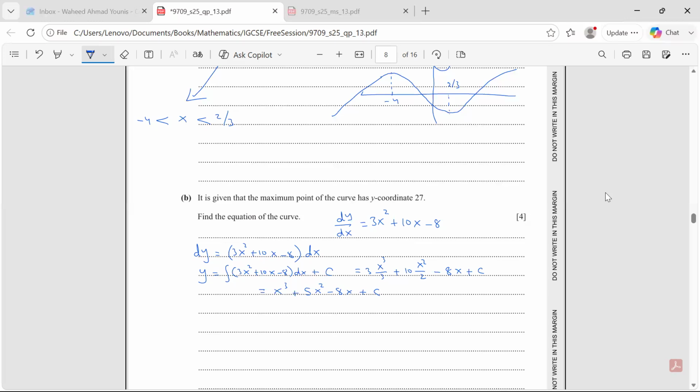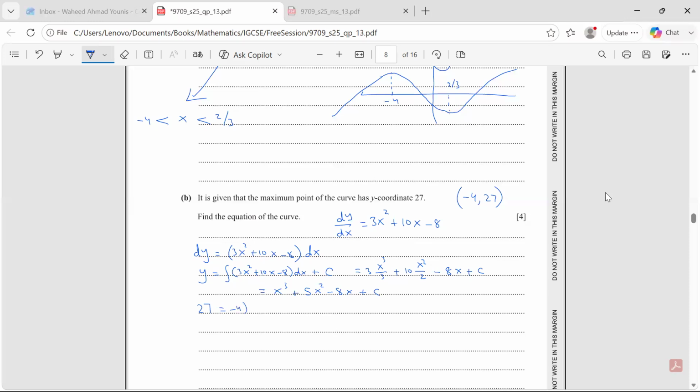Now we are given that the maximum point of the curve has y equal to 27. So the maximum point occurs when x is minus 4 and y is 27. This is a point on the curve. So when x is minus 4, y should be 27. Let's use this information. Y is 27 and x is minus 4.